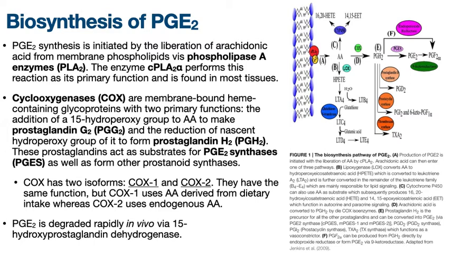Another important point is that PGE2 is degraded very rapidly in vivo, meaning in the body, via 15-hydroxyprostaglandin dehydrogenase. And if you look at the right side of the screen, you can see this whole process of releasing arachidonic acid from the phospholipid membrane, and you can see the pathway it takes and the various different pathways it can take to make different compounds.